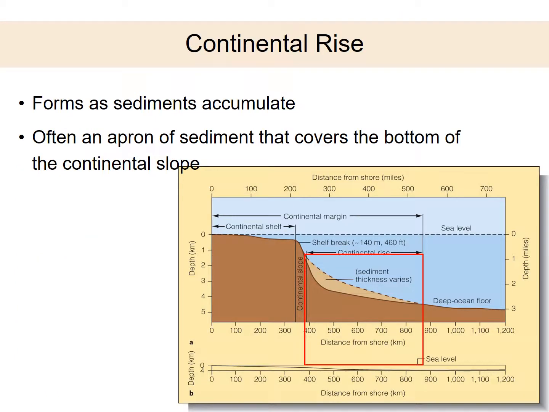Then the final feature of the continental margin is the continental rise. Again, I put a red box around it so it's easier for you to locate in the image on the lower right. The continental rise forms as sediments accumulate, and often they are seen as an apron of sediments that cover the bottom of the continental slope. The sediment thickness can vary depending on how much of the sediment is being carried to that site.